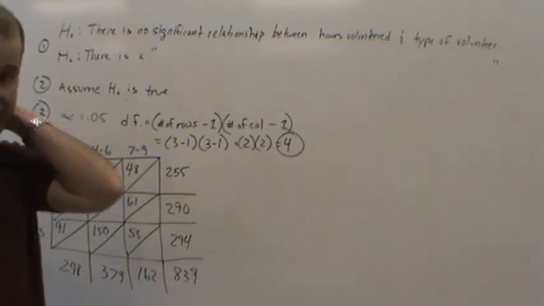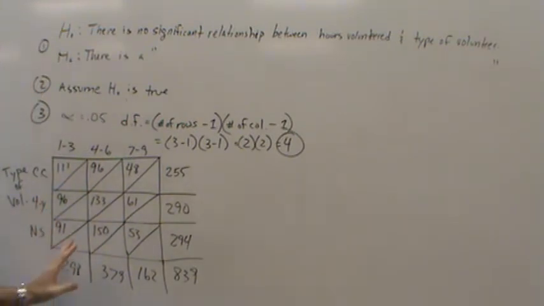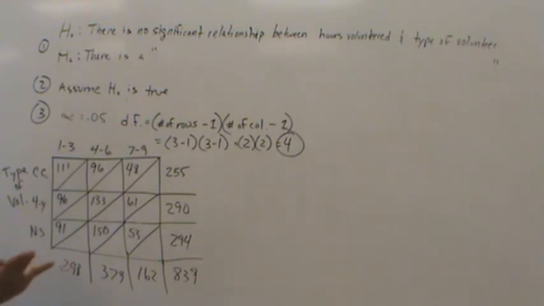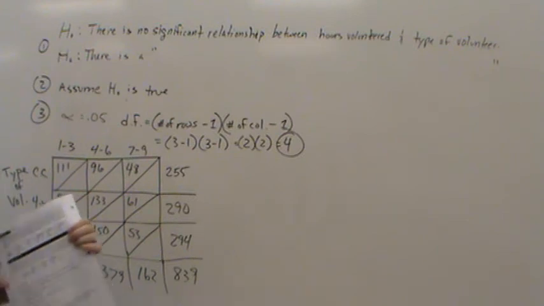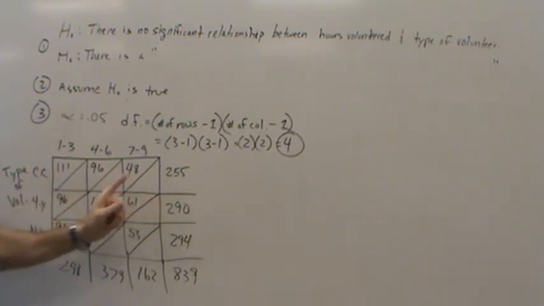Now, here's the idea behind the test. If there's no significant relationship between the two variables, in other words, if the two variables are independent of each other, then it shouldn't matter which of the categories or the level of the factors. The distribution across the other factors should be the same. So in this case, regardless of the type of volunteer, the distribution of hours should be the same if they're independent of each other, right?